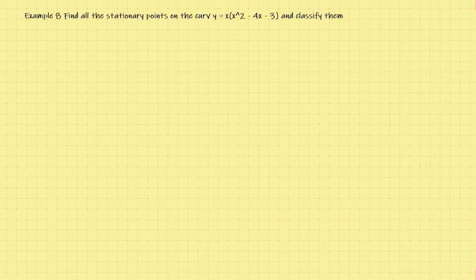In example 8, we're given a curve, and in this case we have to find all the stationary points and classify them as either being minimums, maximums, or points of inflection. So we jump in. The first thing we want to do is, because we can't differentiate the curve the way it is, rewrite it by expanding this bracket.